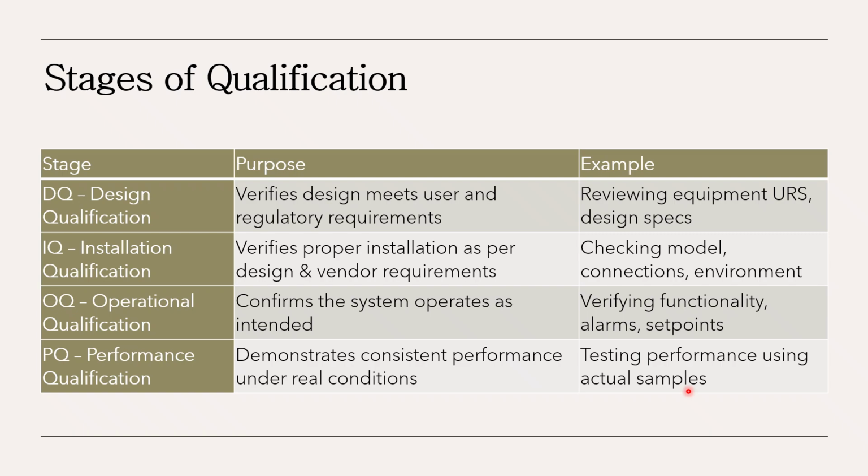Performance qualification is the actual working condition: you have procured the system, installed it and performed the operation qualification, and when the system is released into routine use, how you are going to use that system is equivalent to your performance qualification. So performance should be consistent throughout the life cycle of the equipment. So these are the different stages of qualification.